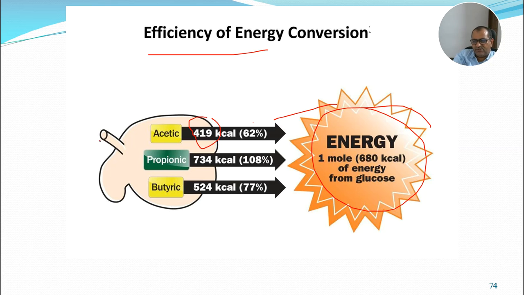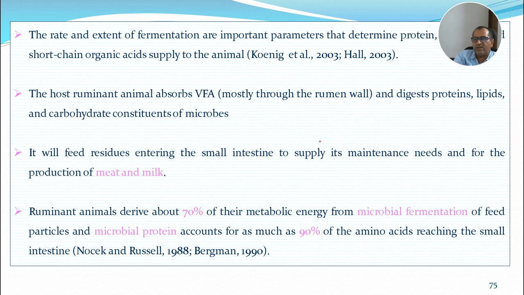Propionic acid is 734 kilocalories, which is 108% of the total energy requirement. Then butyric acid, 524 kilocalories, is 78%. So different types of these volatile fatty acids contribute in a different pattern.